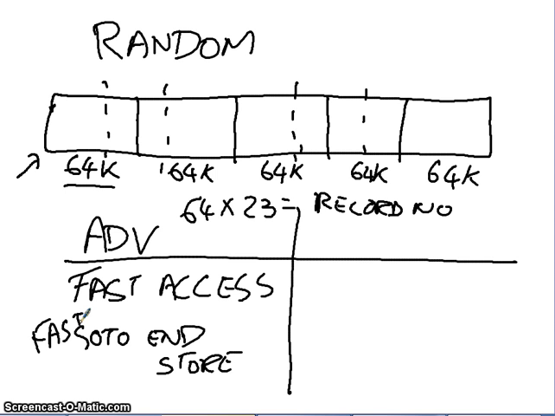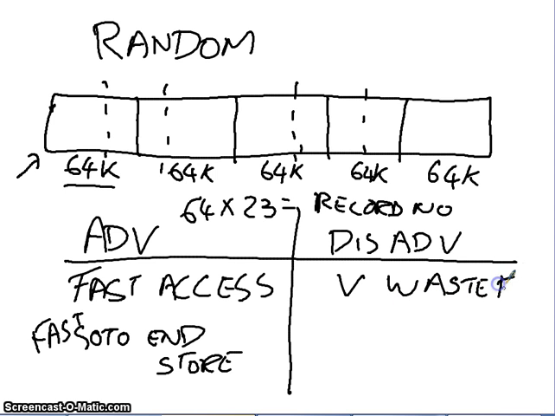So there's not much of a disadvantage at the moment, apart from the fact that it's very wasteful. You have to make the assumption of how big the maximum size of your data file is going to be.